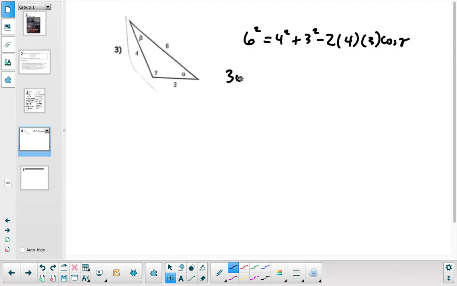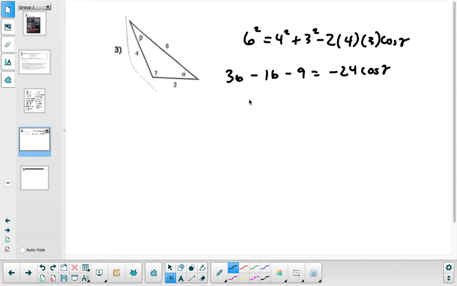So 36 minus 16 minus 9, and then negative, that's 8, 24, divided by negative 24. Well, let's do this first. So that's negative 25. 36 minus 25.